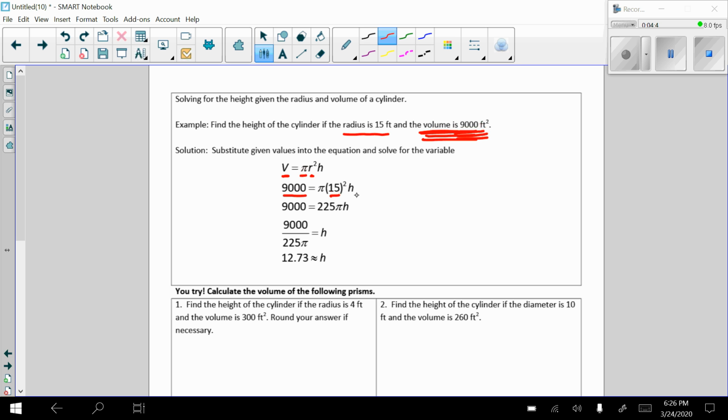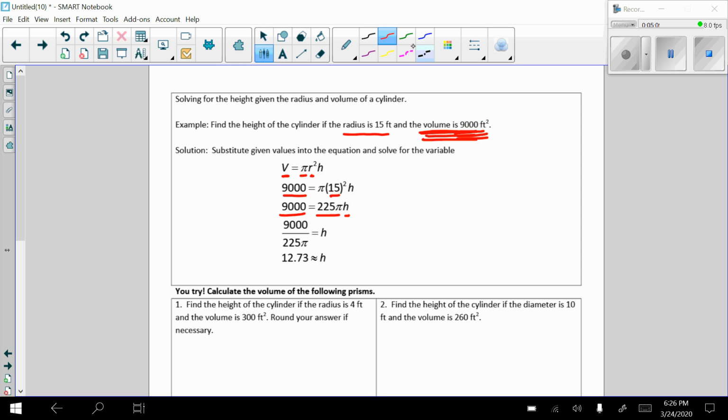So what we do is we try to clean up the right side. We can actually do 15 squared. That's one of the values we're supposed to know. So 15 squared is 225. And so the right side of this equation becomes 225 times pi times the height. We're trying to isolate the height, which means we have to divide away the 225 pi.